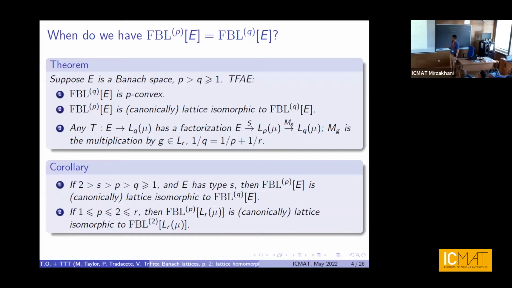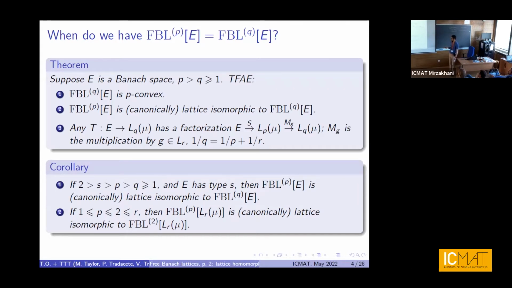This kind of factorization has been studied since the early 1970s, from the work of Maurey and Nikishin. So we have several examples where such a factorization exists, and consequently, we have this identification between the P free and the Q free Banach lattices.